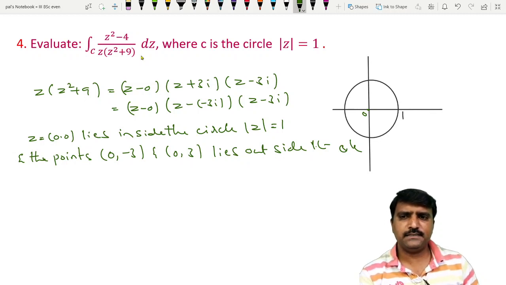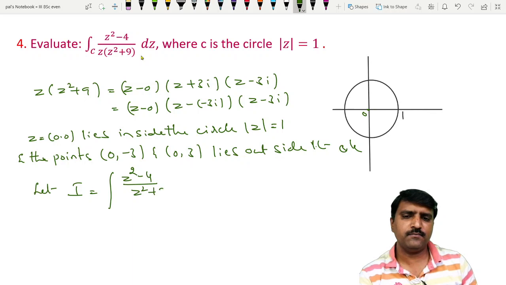You take this integral I as the integral of z square minus 4 divided by z square plus 9, all divided by z, or you can write it as z minus 0, dz.